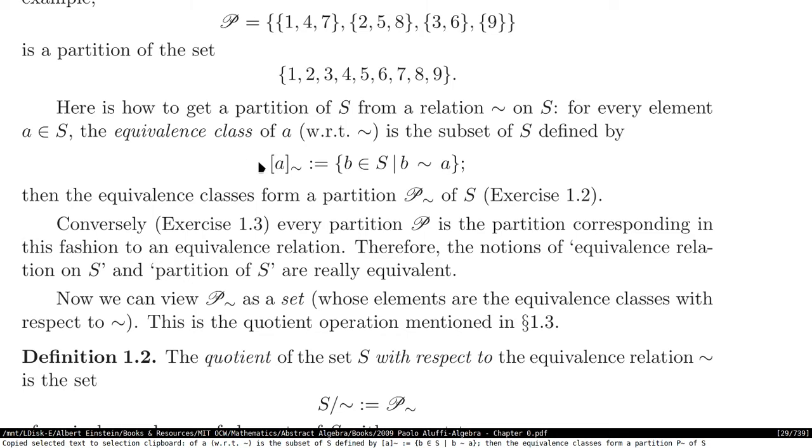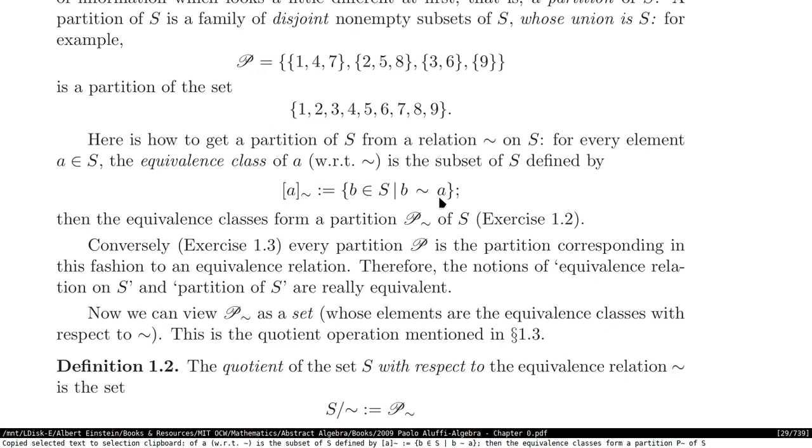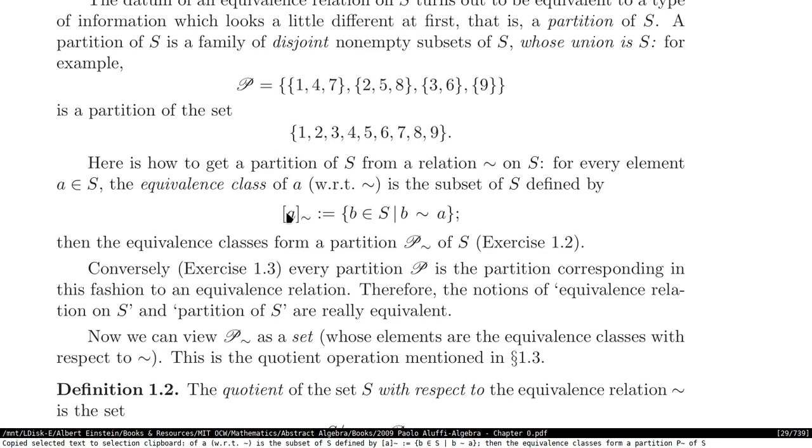Then the equivalence classes form a partition of S. So these equivalence classes are defined for each element, right? So for each element you can get these kinds of sets.